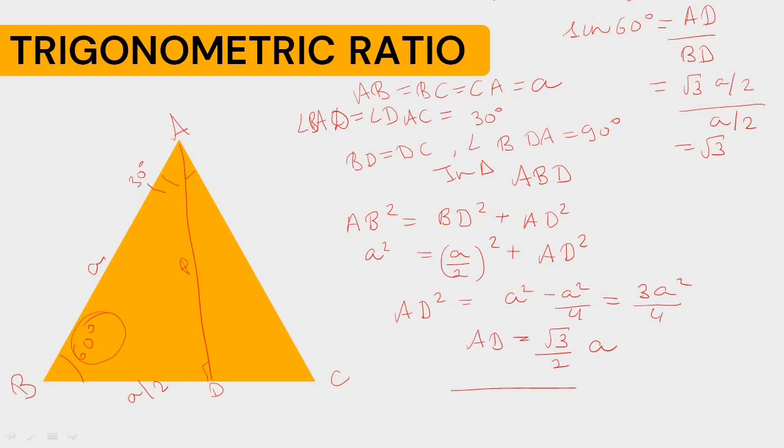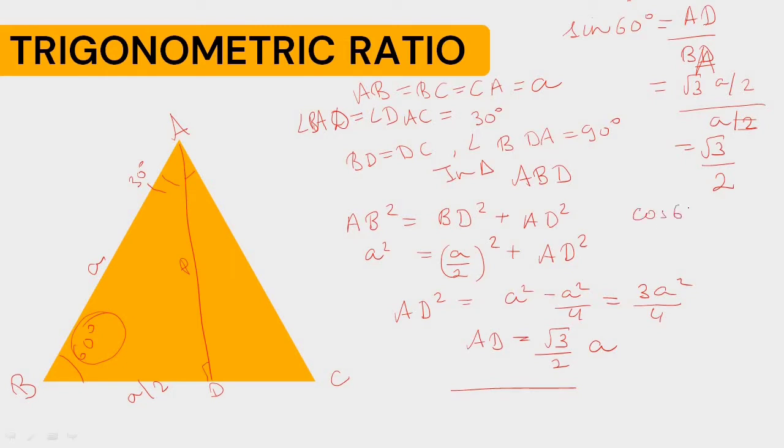I have written perpendicular upon base here. So it is AD by AB. And what is the value of AB here? The value of AB here is a. So what is the value here? Root 3 by 2. So the value of sin 60 is root 3 by 2.